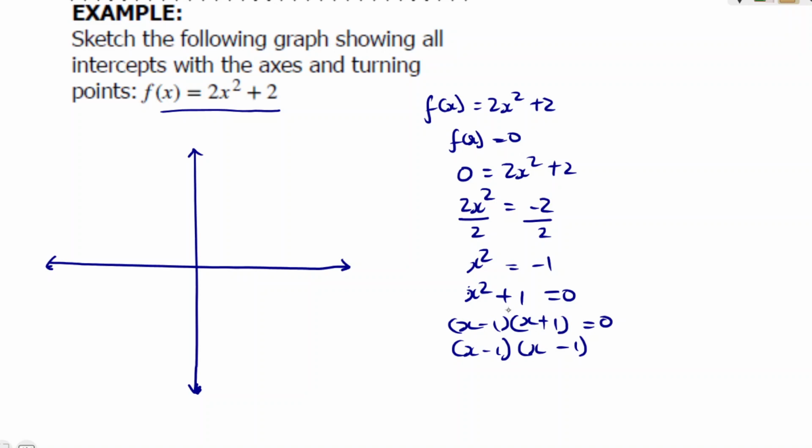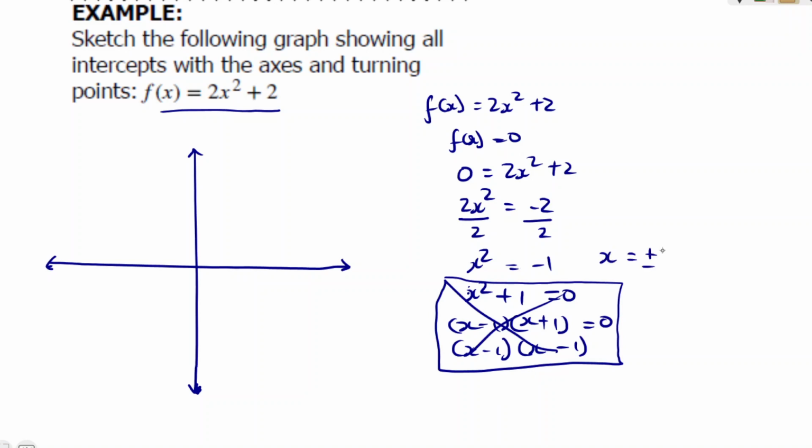That means that we don't have a middle term here. So this is impossible. We cannot now find the root of this. You cannot find the root of a negative number. In other words, that means here there are no solutions.